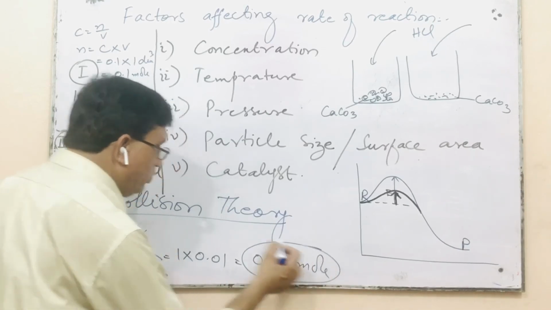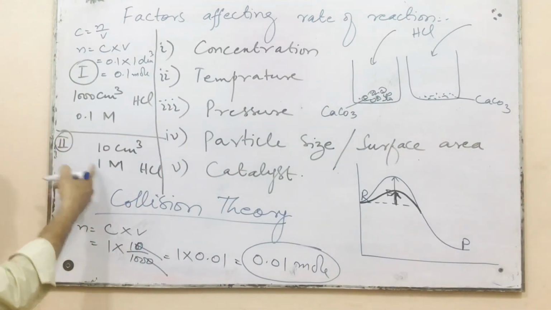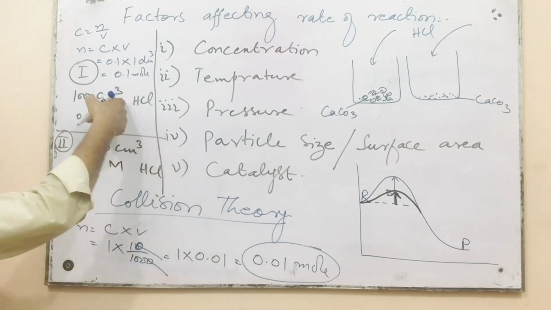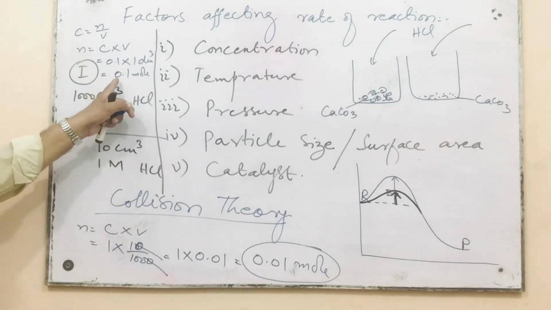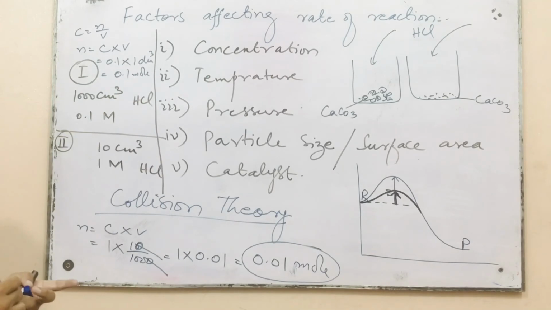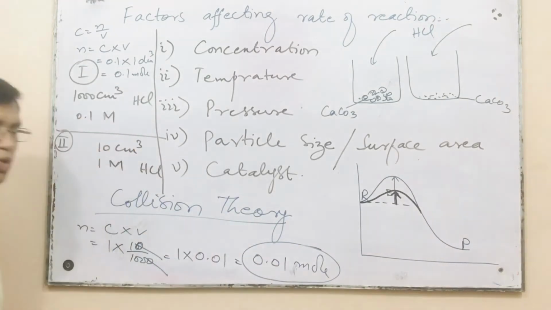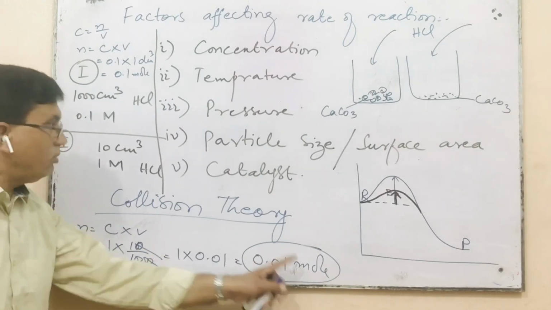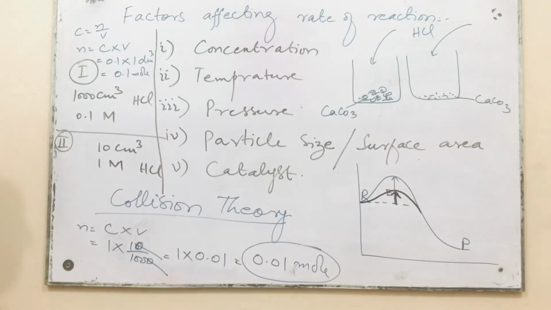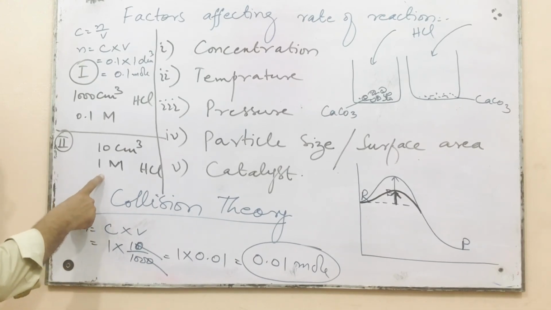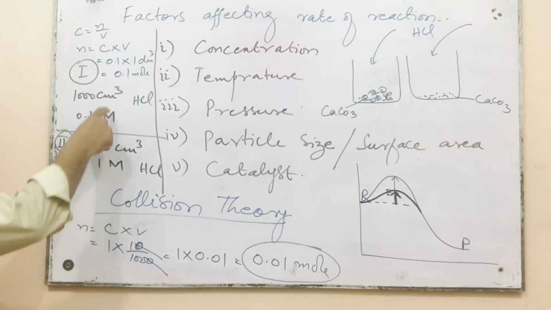Now, the number of moles of this solution is lesser than this. This contains 0.1 mole, but this solution contains 0.01 mole. These are the numbers of moles, but the concentration of this solution is more than this.